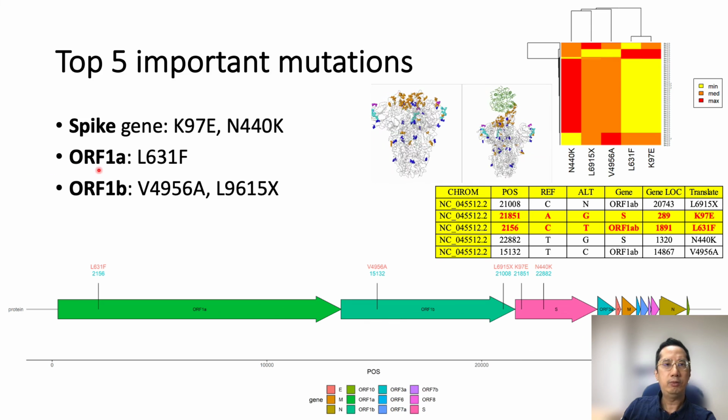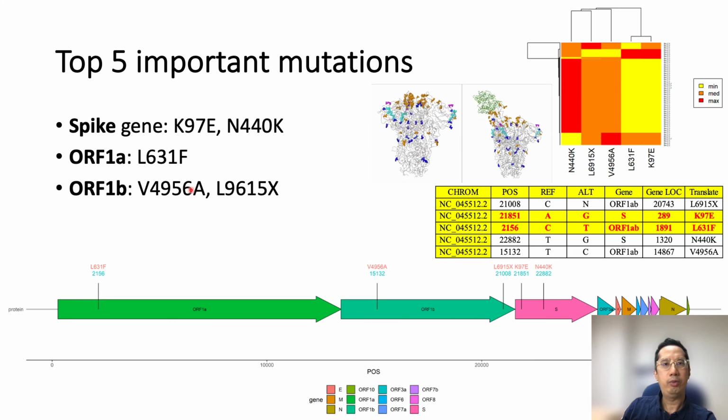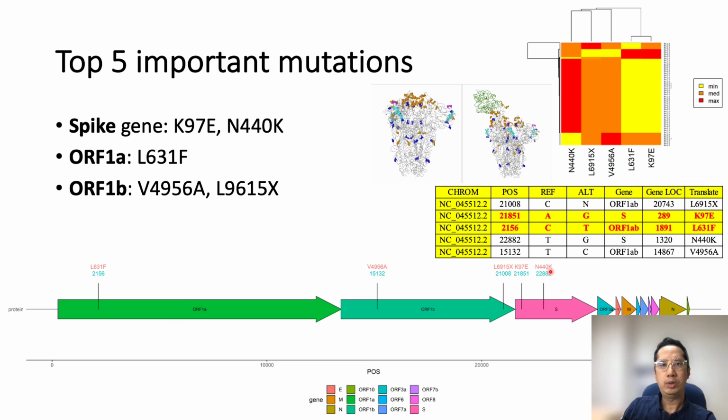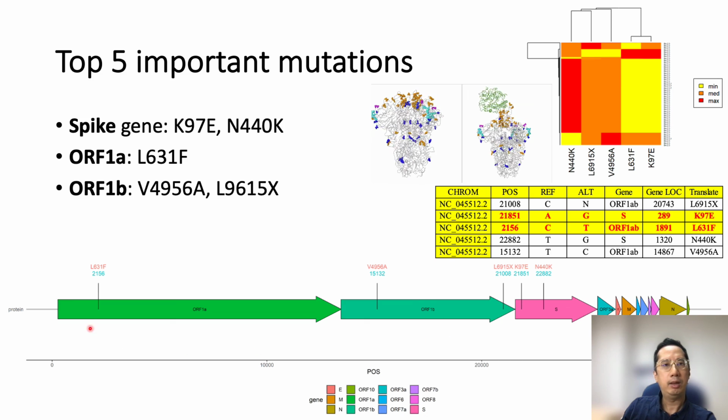In the open reading frame region 1A and 1B, we also identified 3 important mutations in the model. As you can see in this figure, again, 2 mutations in the spike gene and 2 in the open reading frame 1B and 1 in the open reading frame 1A region.